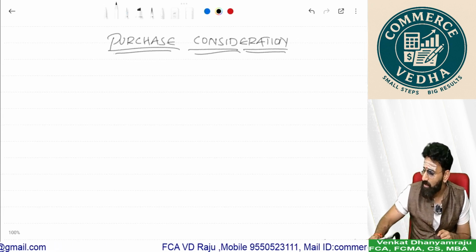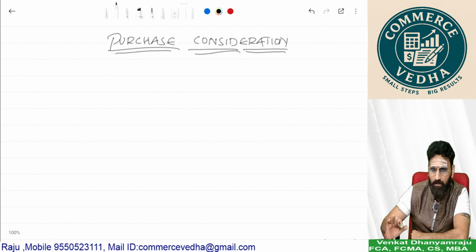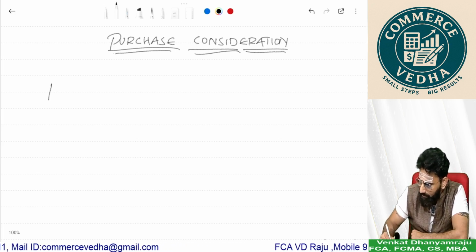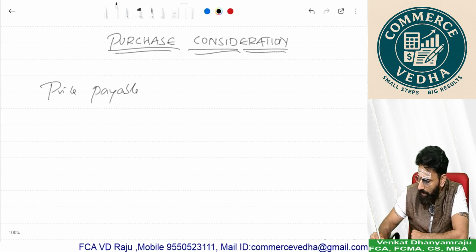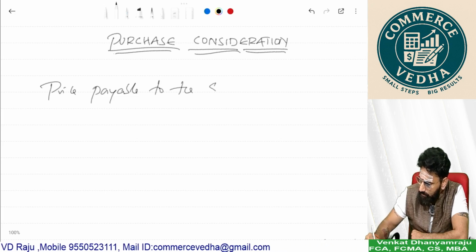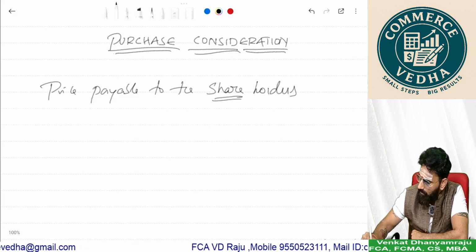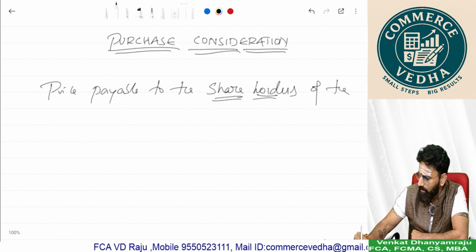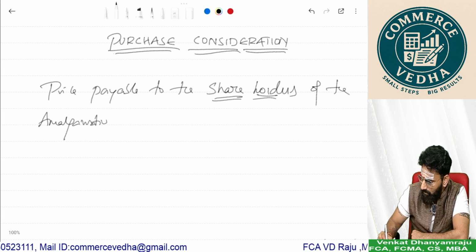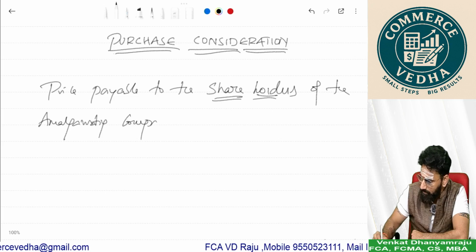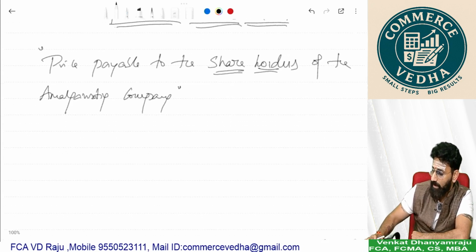Now, the first and foremost important topic is purchase consideration. Now, what is actually purchase consideration? It says the price payable to the shareholders of the amalgamating company.